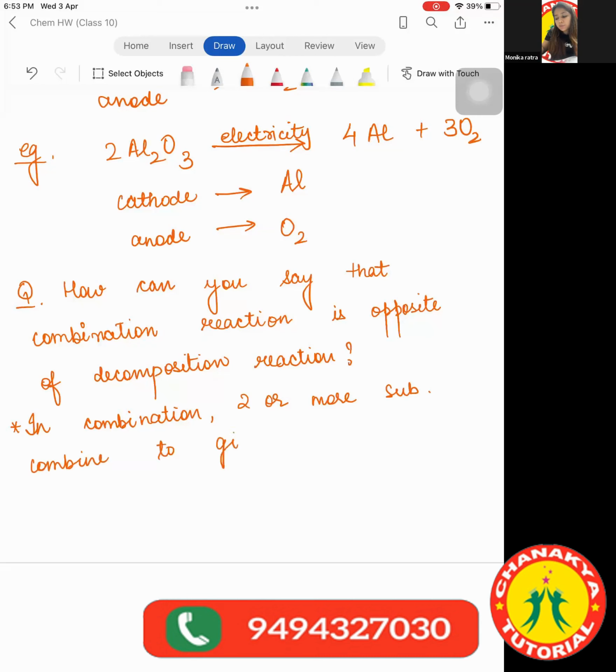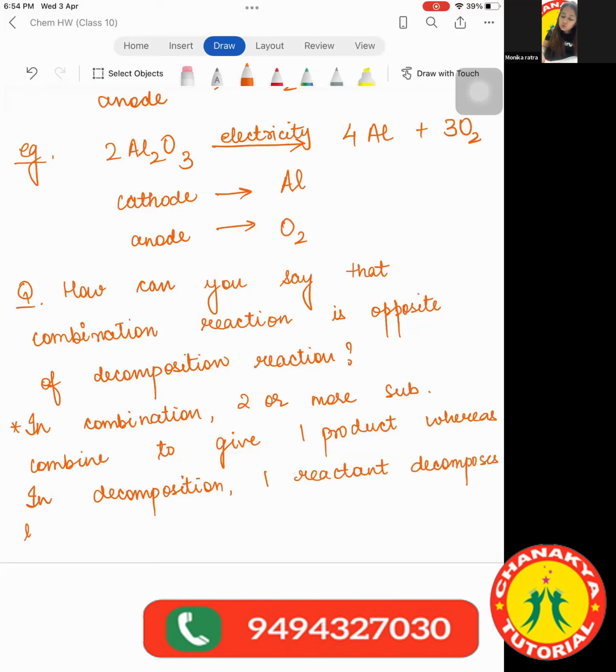whereas in decomposition reaction, one reactant decomposes to give two or more products.